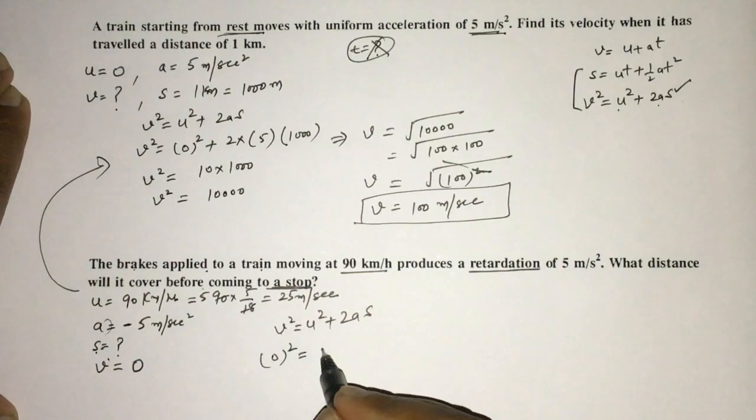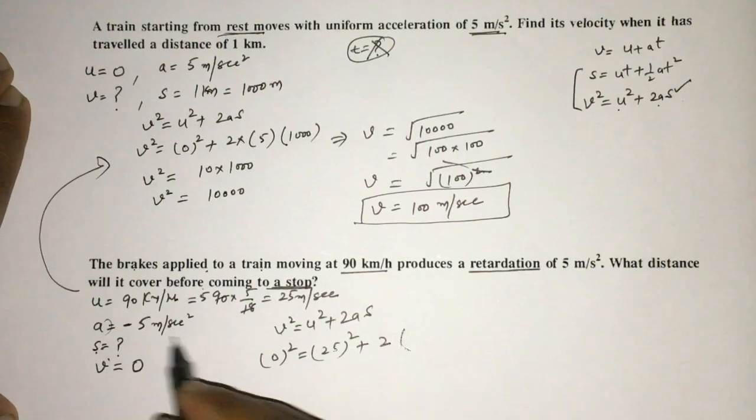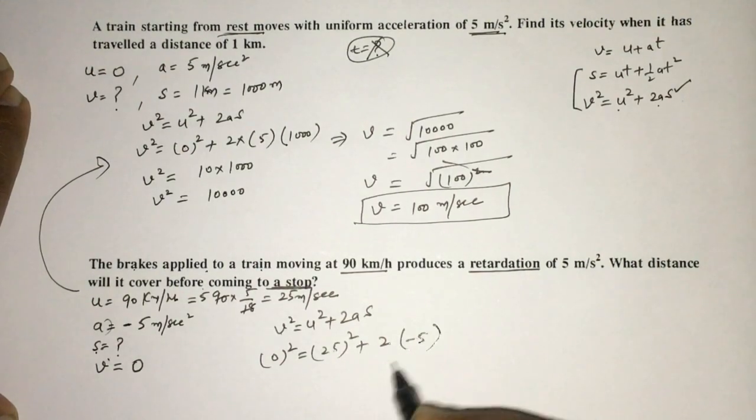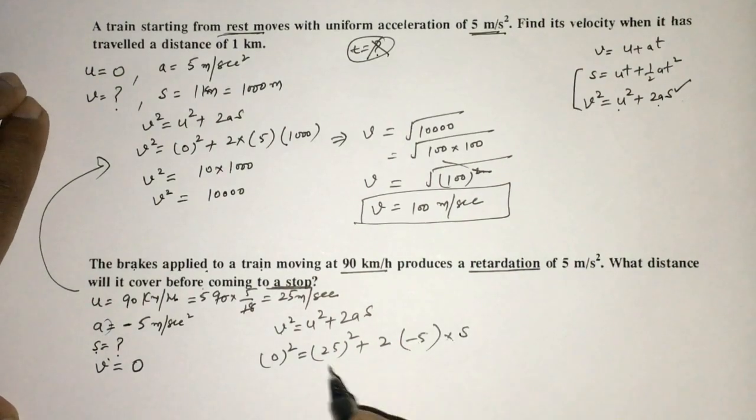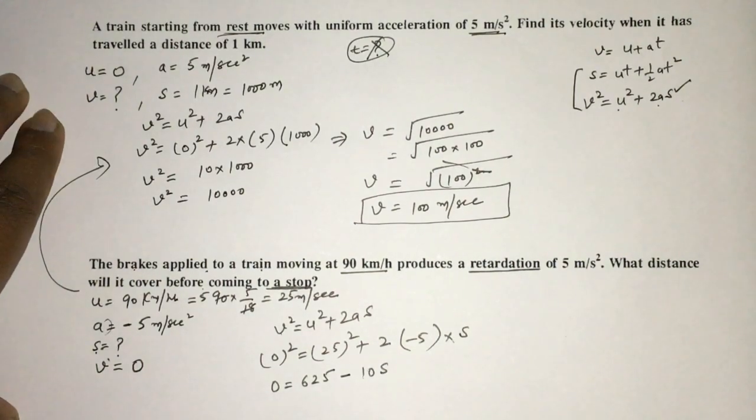The value of u is 25 square plus 2 into the value of a, which is minus 5, into s. Clear? So it becomes 0 is equal to 25 into 25 is 625 minus 2 into minus 5 is minus 10s. Fine. Now shift this negative sign to this side.